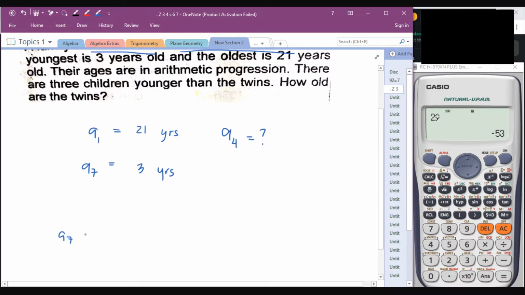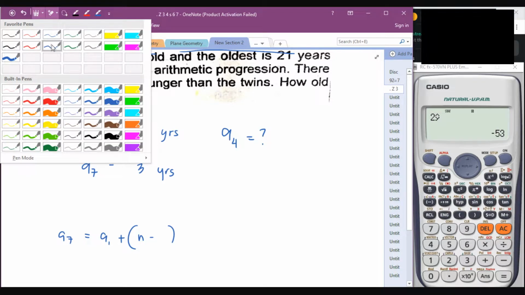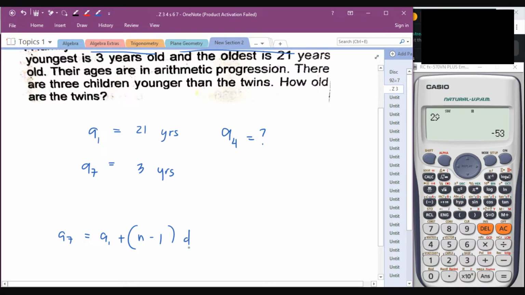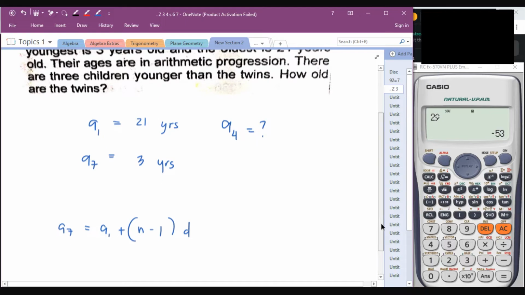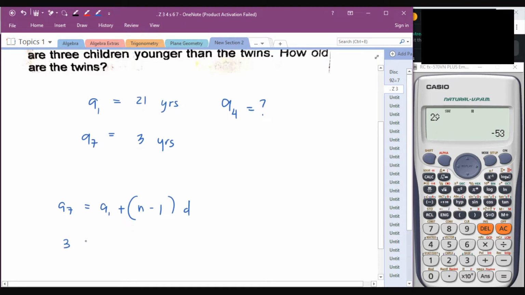You are given A7 equals A1 plus N minus 1, multiplied by D. This is the last term, the last child. A7 is 3. A1 is 21. Plus N minus 1 times D. We can also reverse it, okay?